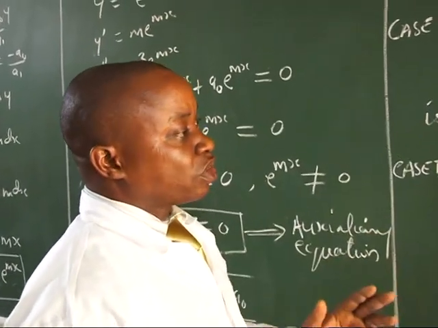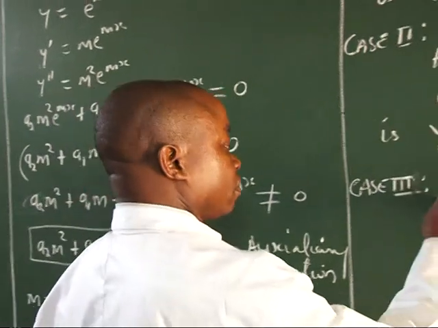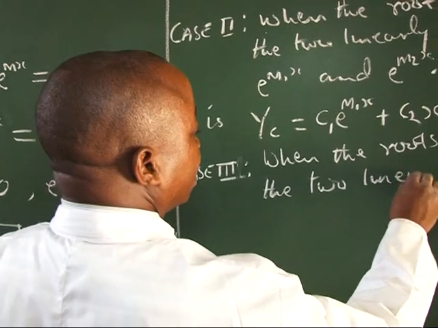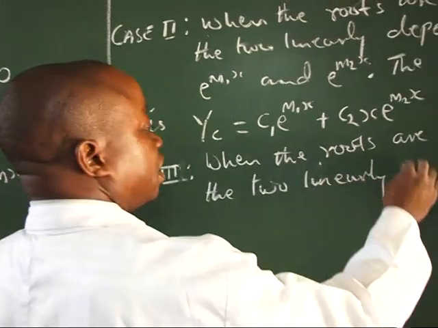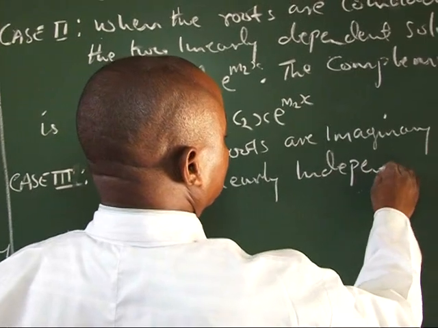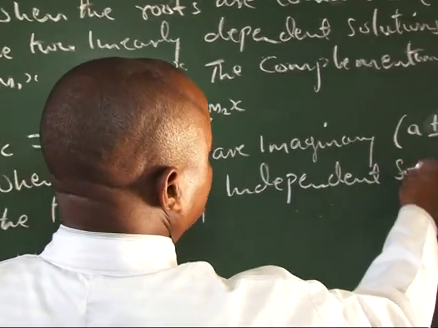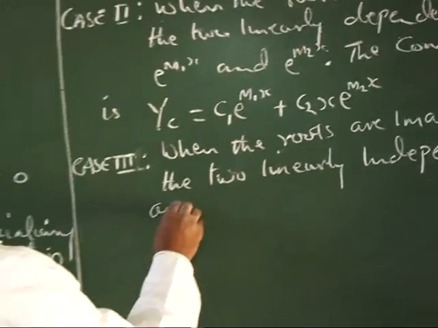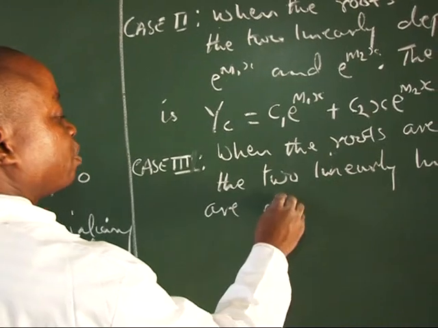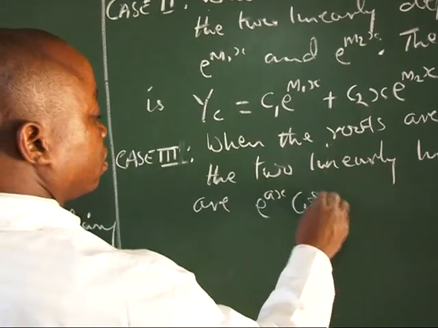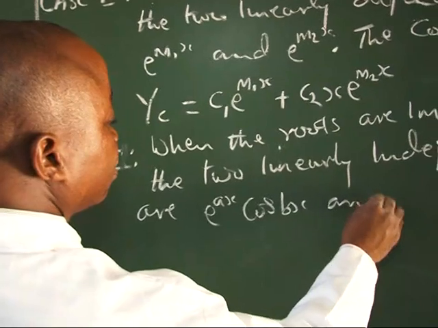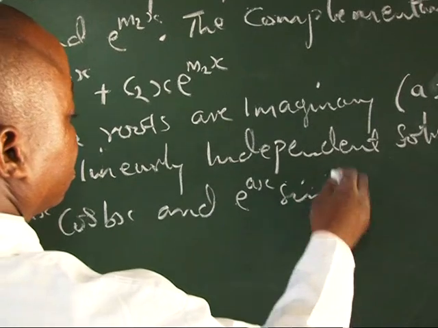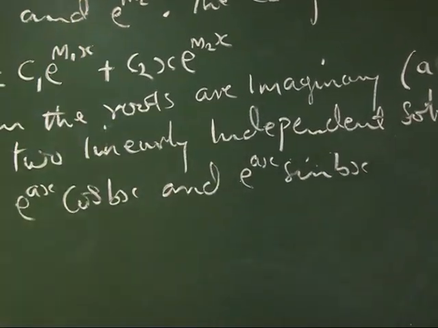So if we have such roots, the two linearly independent solutions are exponential ax cos bx and exponential ax sin bx.